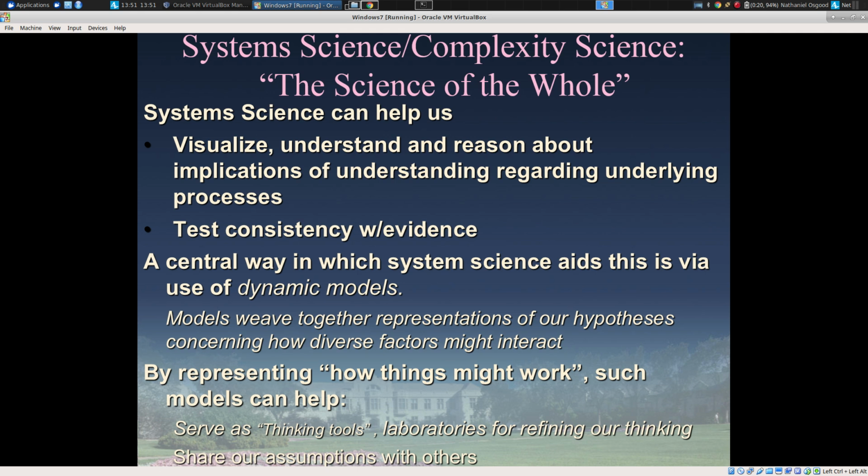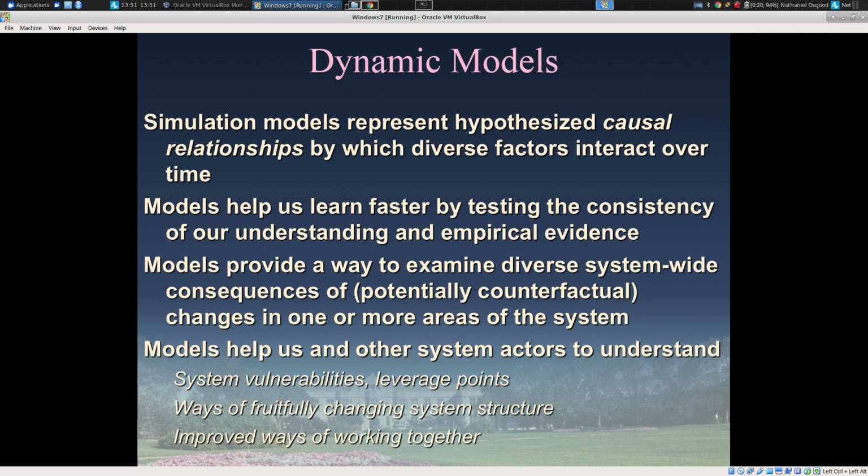This sort of science as a whole can help us visualize, understand, reason about the underlying processes that give rise to us, and can help us understand efficacious intervention options and share our assumptions with others, refine our thinking, and help us learn more quickly about these systems. And a central way in which we do this is through the use of dynamic models, such as we've been covering within this course.